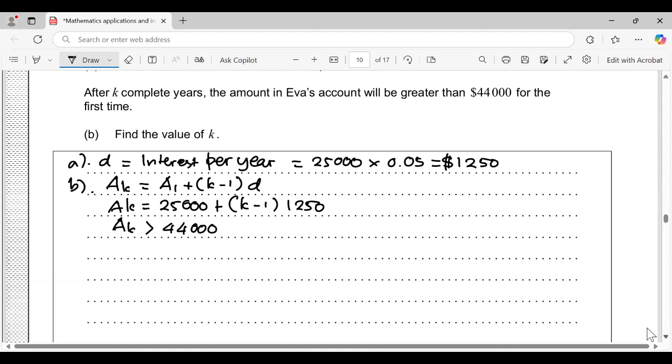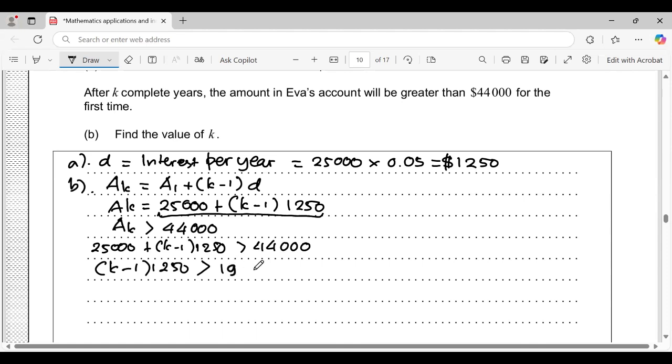This expression is A_K. So we can write 25,000 plus K minus 1 times 1,250 greater than 44,000. So K minus 1 times 1,250 is greater than 44,000 minus 25,000, and it is 19,000.